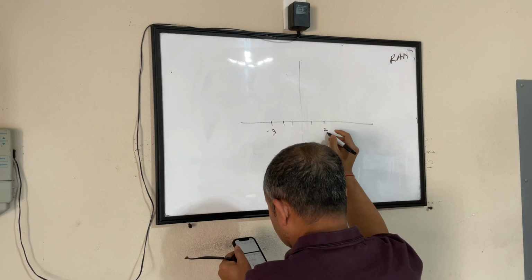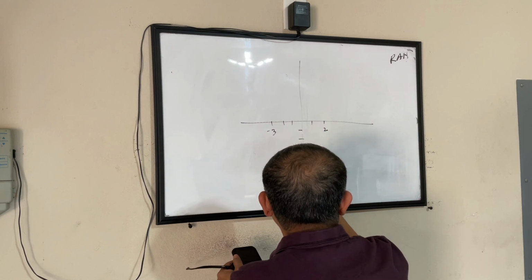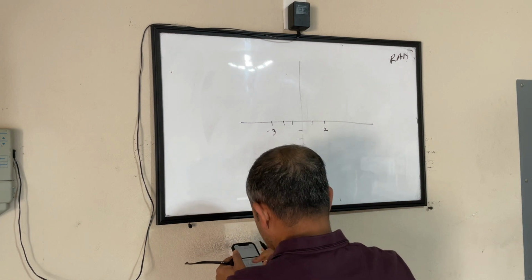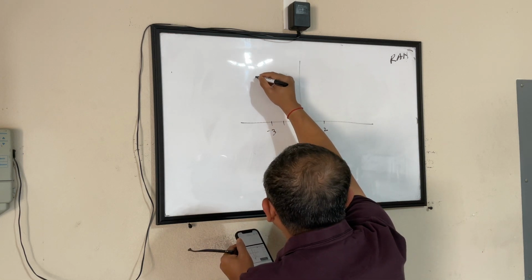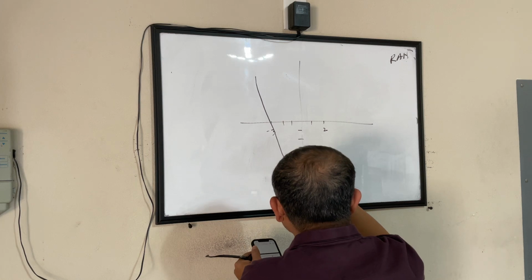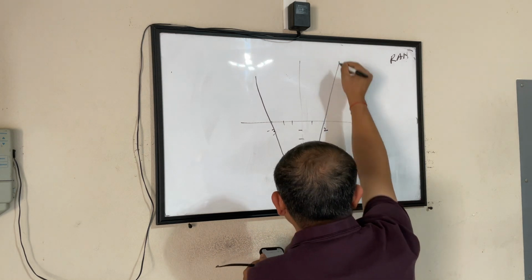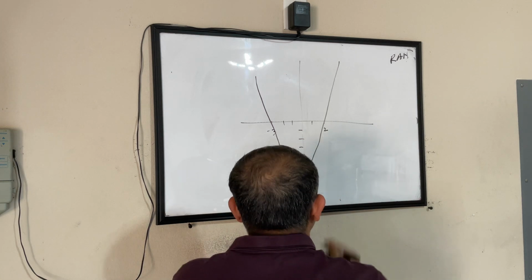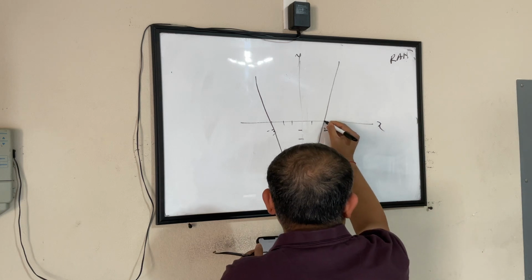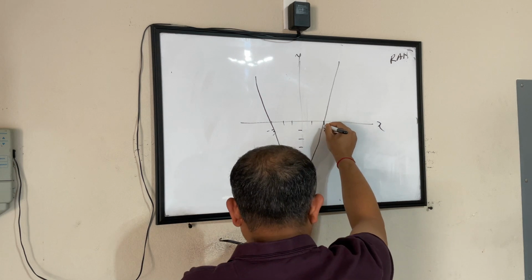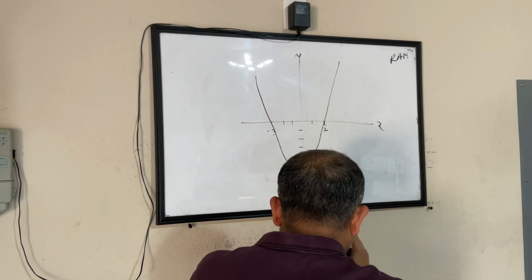This is 2, and this is 1, 2, 3, 4, 5, 6. This is minus 6. So this says the graph is coming from here, crossing this line and going this way. Okay? So this is your y-axis, this is your x-axis. Why I put this? This is intersecting the x-axis at plus 2 and minus 3.